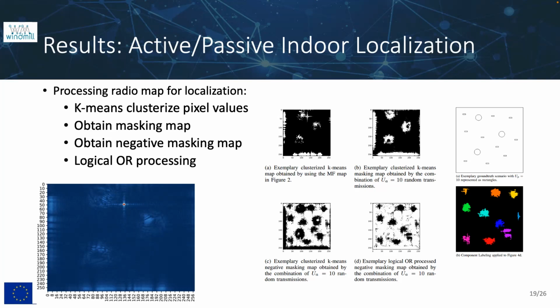Negative map in the sense that now the obstacles are represented as black, and the background is represented as white. So having that, we can perform an OR operation between this stored map in the LIS and this new measured map, such that we remove the static parts of the scenario and we just leave the events that were new, so mainly the targets in this case.